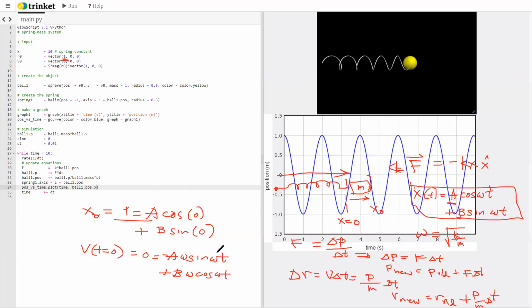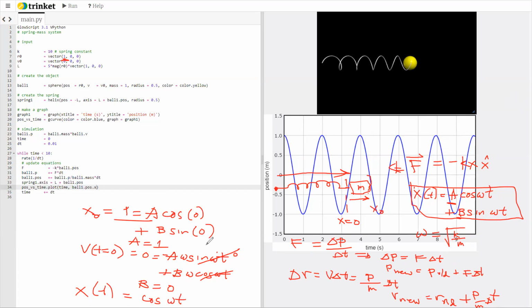Since t is equal to 0, sine 0 is 0 and cosine 0 is 1. So b is equal to 0. And using the first condition, a is equal to 1. So the position function is 1 times cosine omega t, which is in fact what we see in the plot.